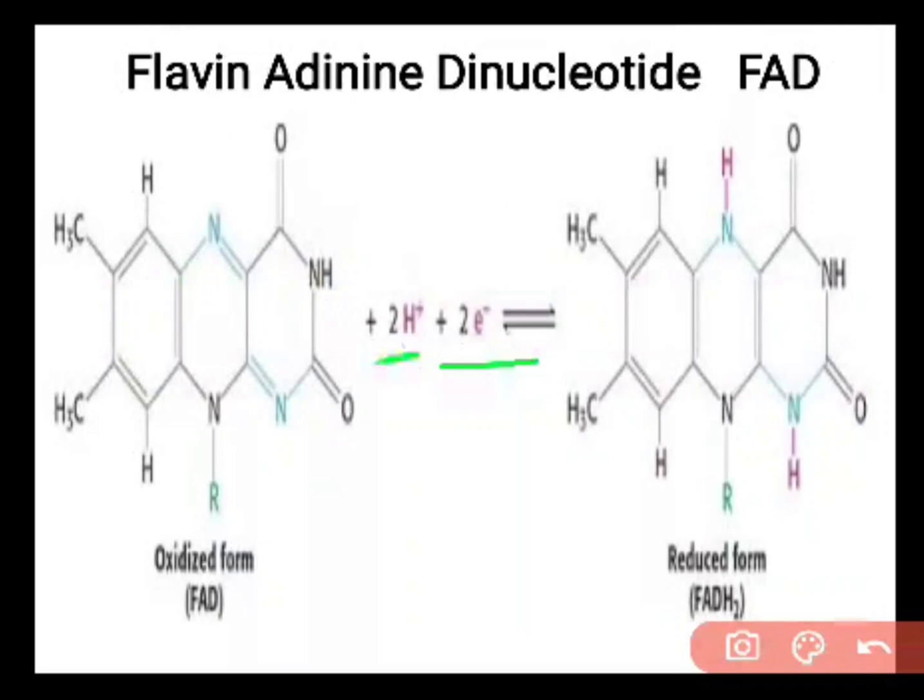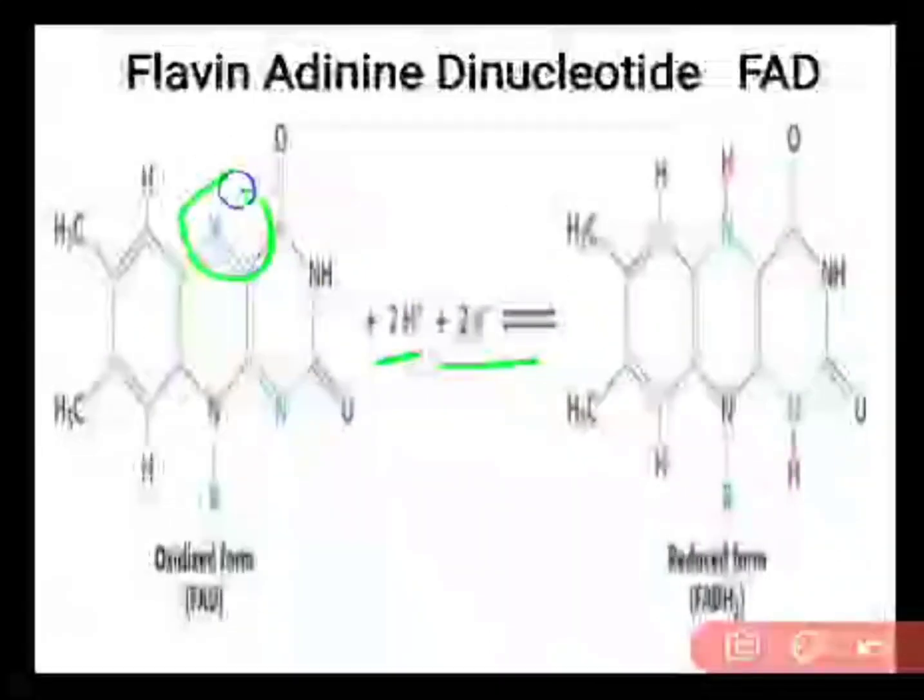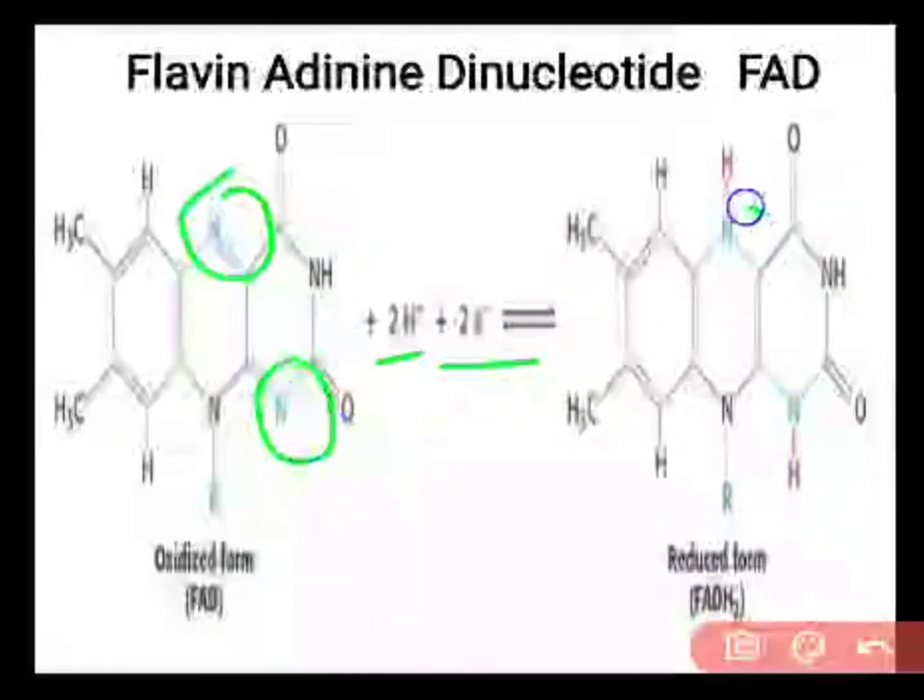They become 2 hydrogen atoms which are added on these 2 nitrogen atoms, so that the oxidized FAD gets converted into reduced form FADH2. So FAD has the vacancy to accept 2 hydrogens. As a result, it gets converted into FADH2.